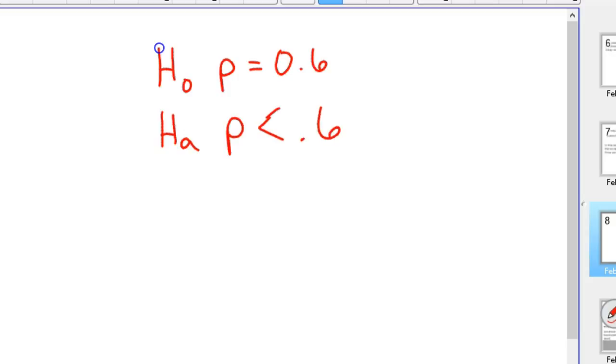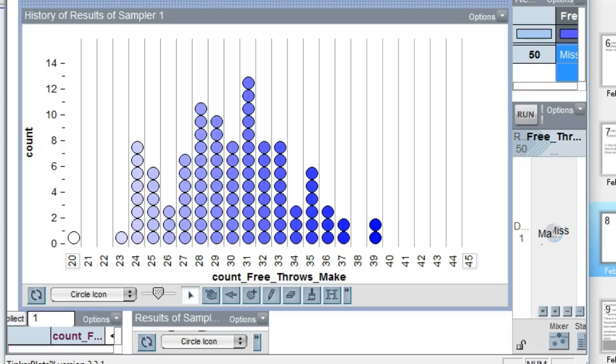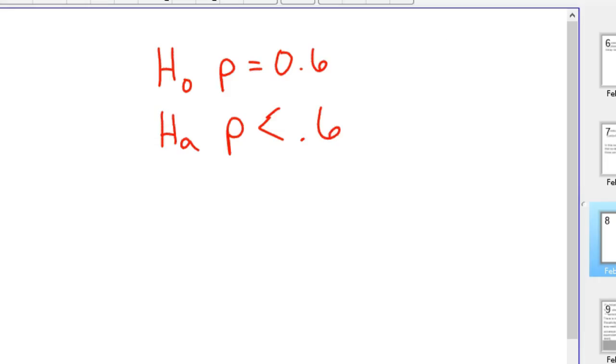We ran a simulation, and if you look back at our simulation, we found that two of these, this one and this one, out of the 100 occurred 23 times or less. And so we had a p-value of 2%, or 0.02.